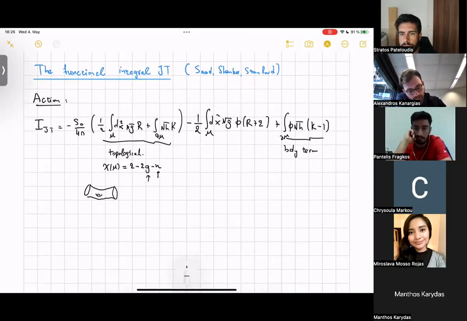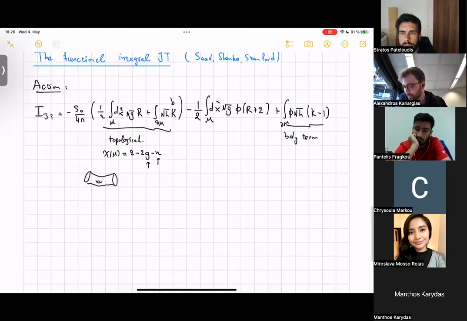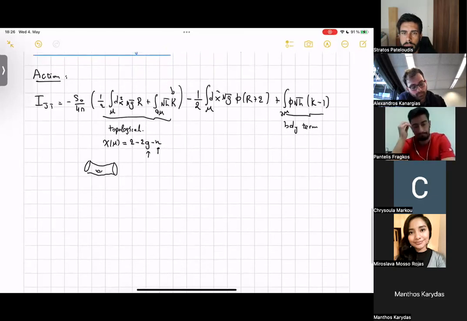Here this is K, called the trace of the extrinsic curvature. There's an explicit form, it's not so important right now. So we have these three terms. The first term, as I said, is a number, and this will just give a number in front of the functional integral that will depend on the surface that you put your theory on.